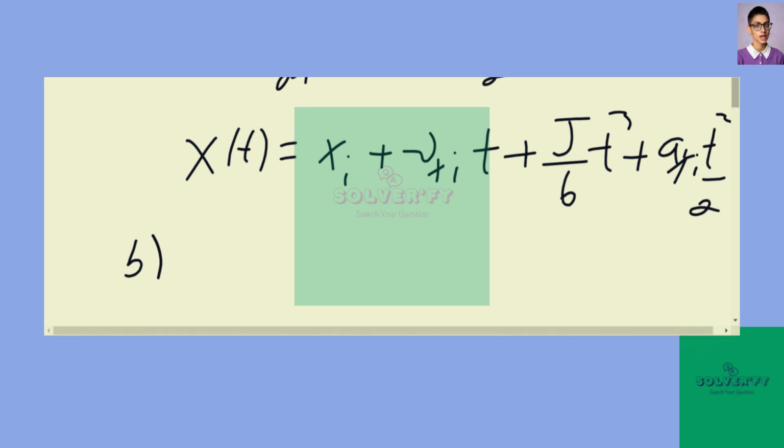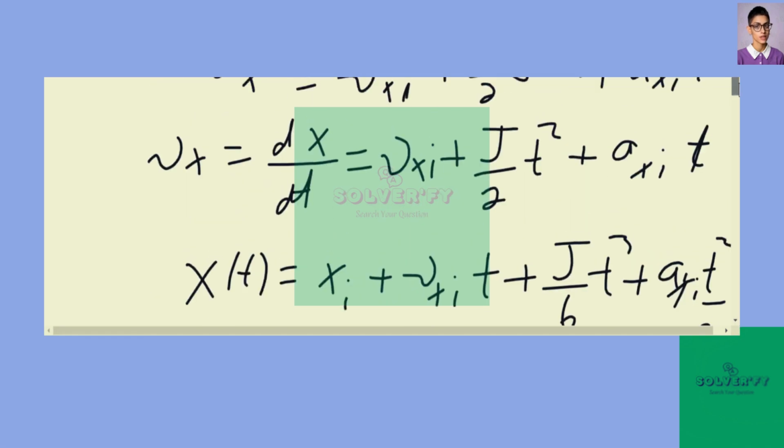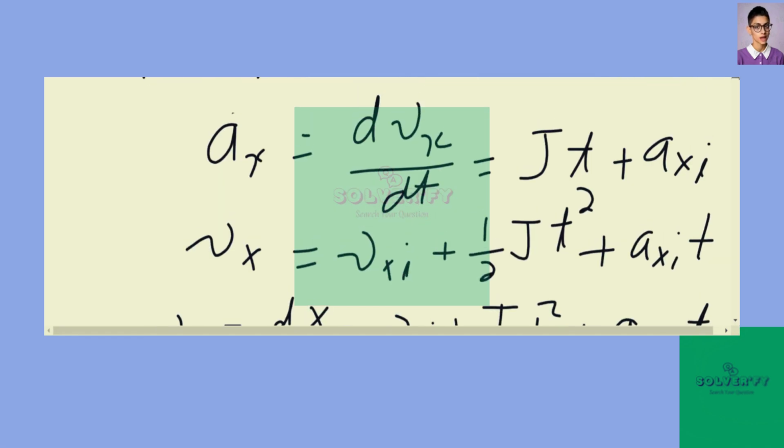We know that the time is equal to the change in acceleration divided by the jerk, because of the solution to the differential equation above.